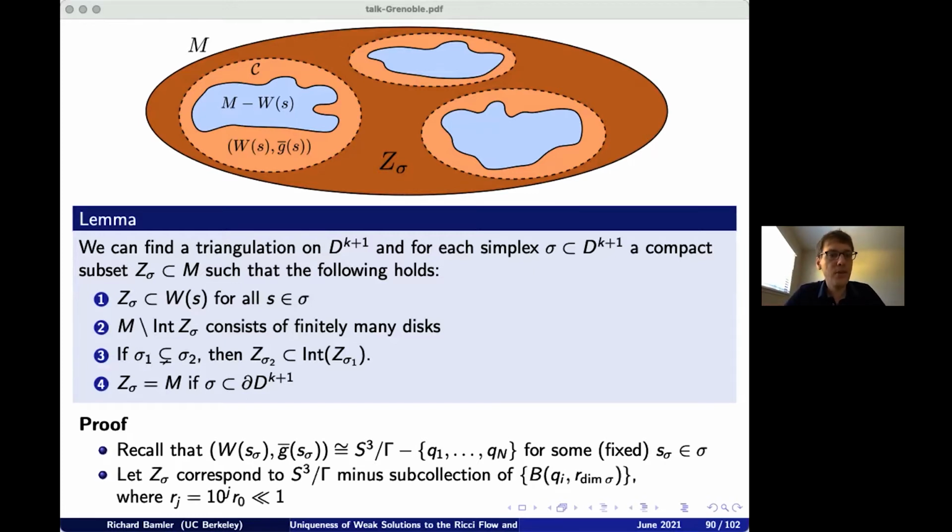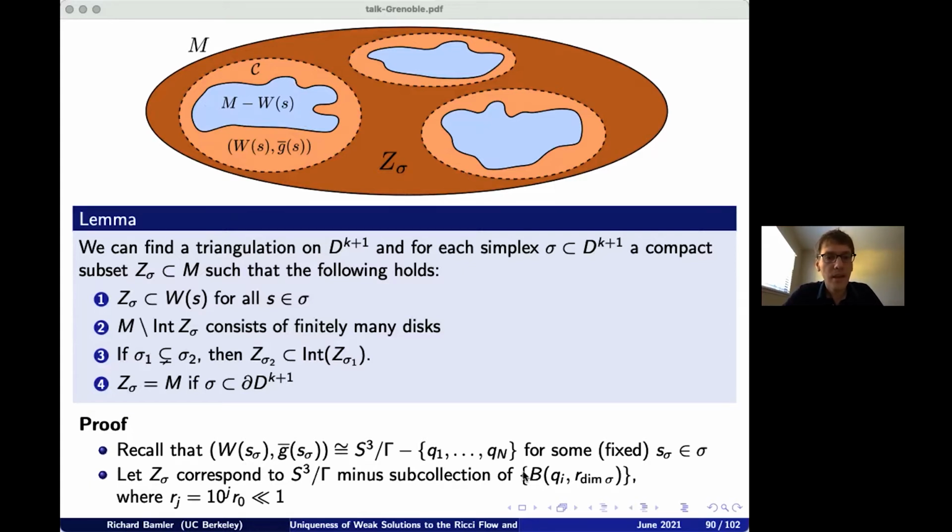And so what we can just do is let Z sigma correspond to this guy minus a few balls around these punctures. These dashed lines are really spheres around the punctures with respect to the metric on W, okay? Because essentially these blue regions collapse to a point.